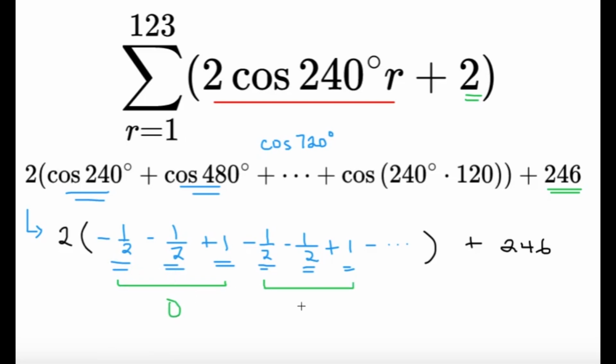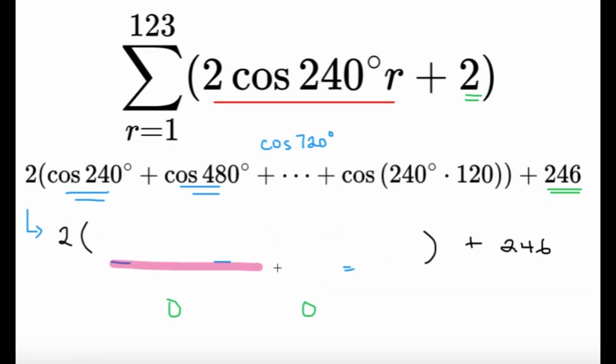So essentially, I'm just adding 41 sets of zeros. I can easily conclude that everything inside the parenthesis, since I'm adding 0 41 times, is just 0. So 2 times 0 plus 246, simplifying that, the sum is equal to 246. And this will be our final answer.